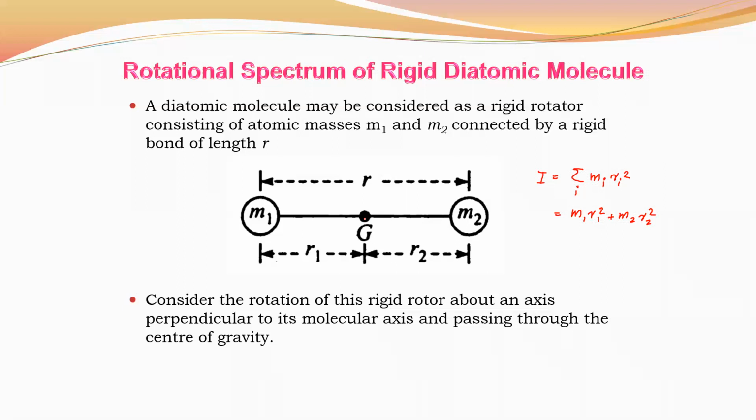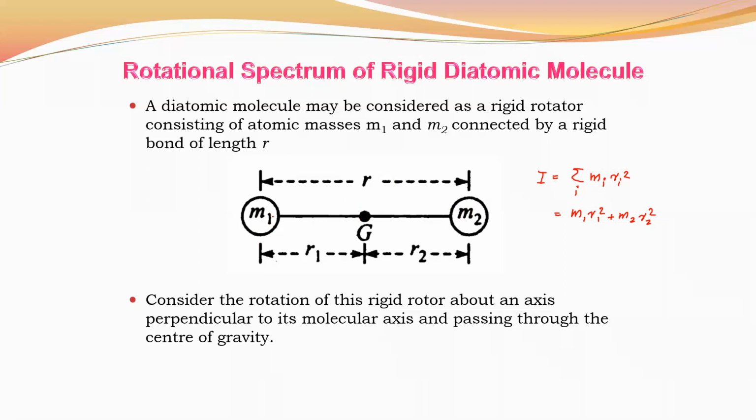About this point, for the mass m1 there is an anti-clockwise moment, and for m2 a clockwise moment.